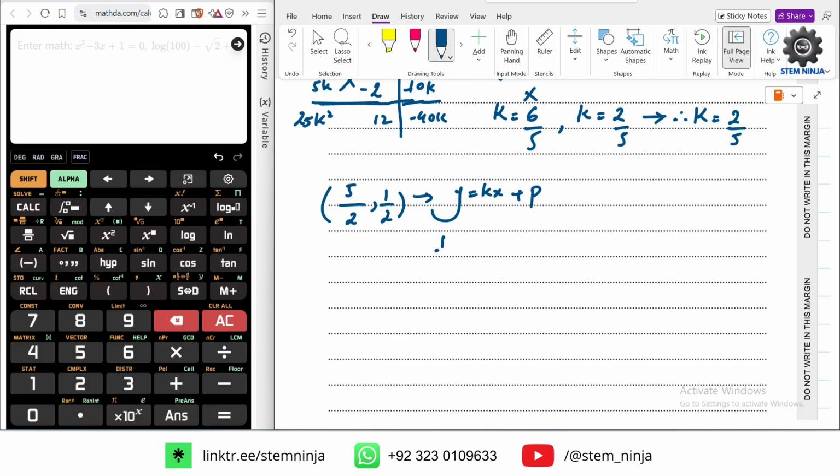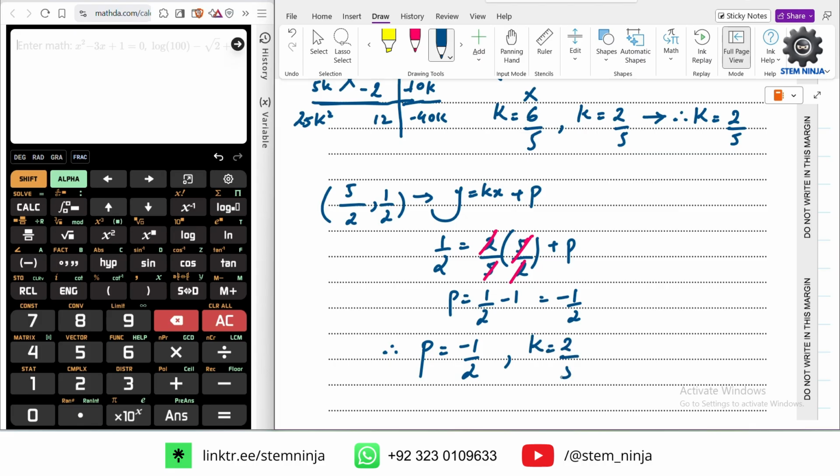So we plug in 1 over 2 equals 2 over 5 times 5 over 2 plus p. 2 gets cancelled, 5 gets cancelled, so basically p is 1 over 2 minus 1, which is minus 1 over 2. So therefore p is minus 1 over 2, k is 2 over 5.